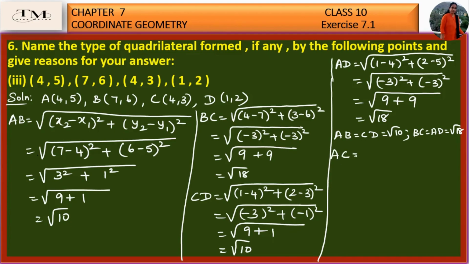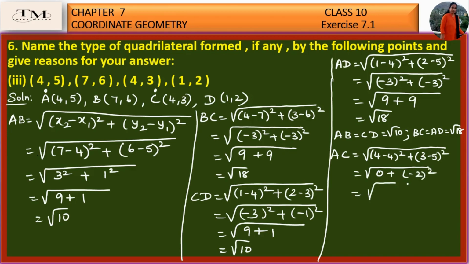Diagonal AC: AC is equal to square root of 4 minus 4 whole square plus 3 minus 5 whole square. So 4 minus 4 is 0, 0 square is 0. So 0 plus 3 minus 5 is minus 2 whole square.